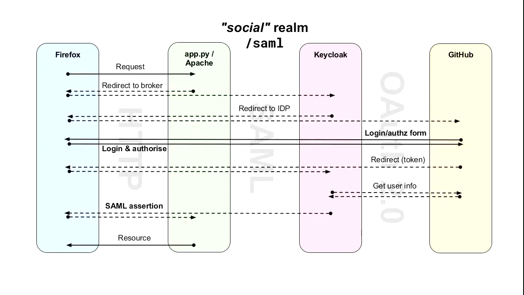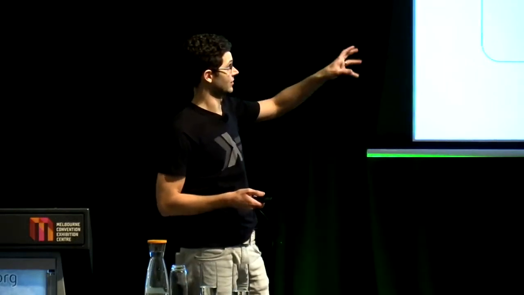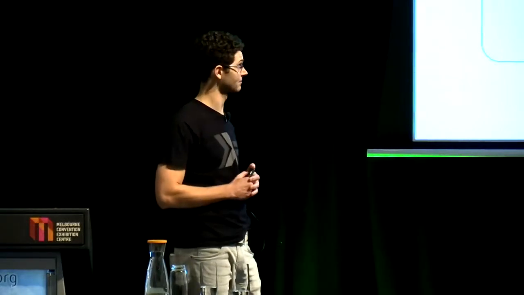So our app is going to use Keycloak as a service provider. And then Keycloak is going to broker the authentication onwards to GitHub. So our application is, via Keycloak, going to have social login with GitHub. The protocol in between Keycloak and GitHub is OAuth2, which is fairly common for social login providers.